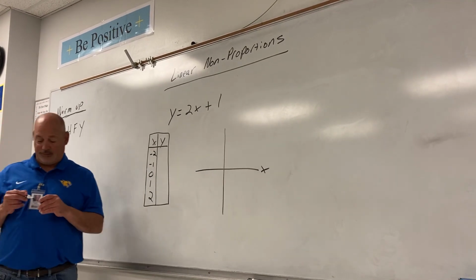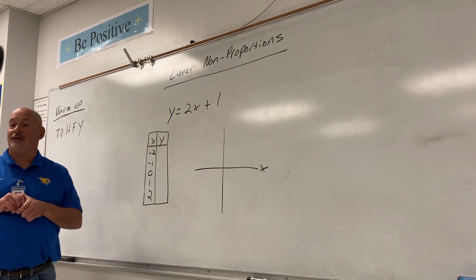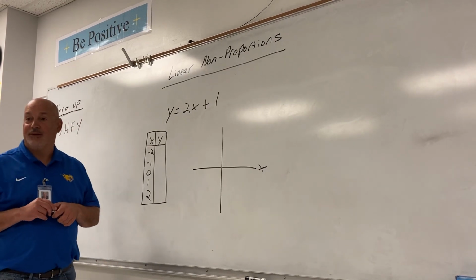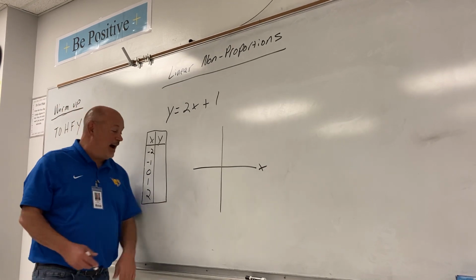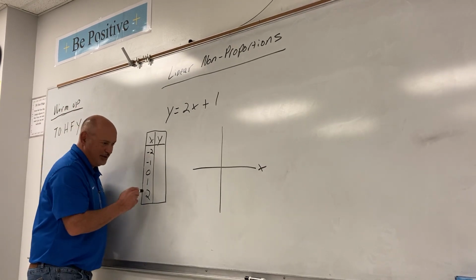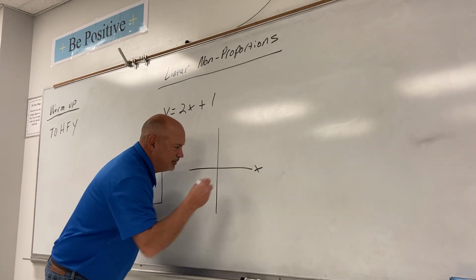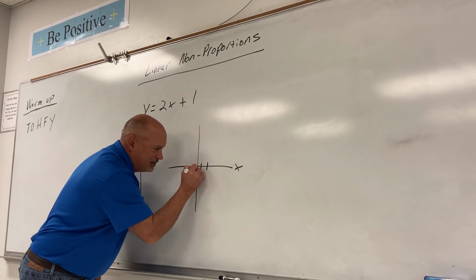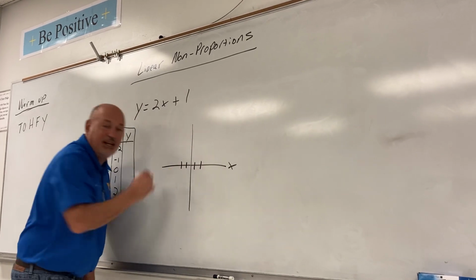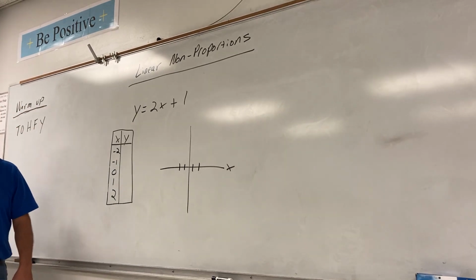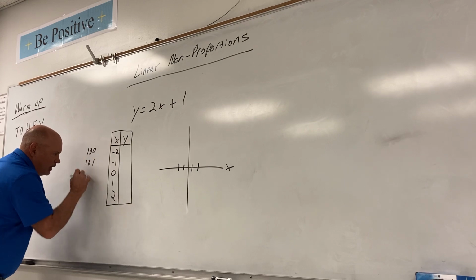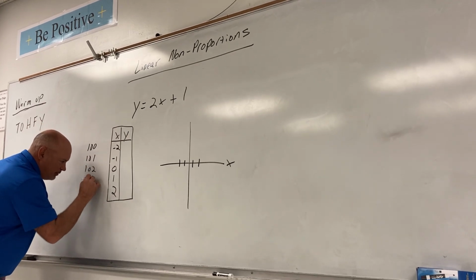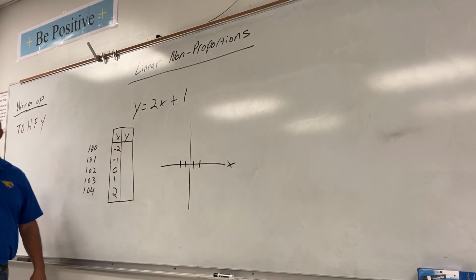Because those are the numbers that are on all 4 of the square. Okay, now we're getting closer. They're the 5 closest numbers to the middle of my graph, people. Here's 1, here's 2, here's 0, here's -1, here's -2. Are you with me? Why would I not want to plug in 100, 101, 102, 103, 104?